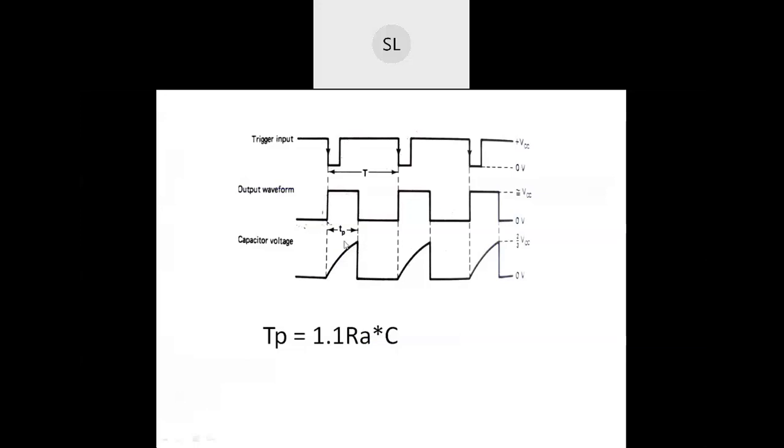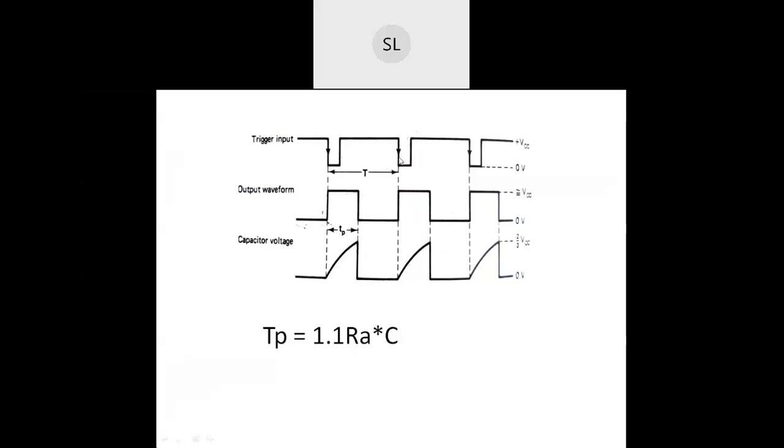Once the voltage across this capacitor reaches 2/3 VCC, the output of the upper comparator will be switched from low to high, which will cause the output of the timer to switch from high to low. So once the voltage across this capacitor reaches 2/3 VCC, the output of the timer switches to low state. Now it will remain in the low state until and unless we apply a triggering pulse once again.